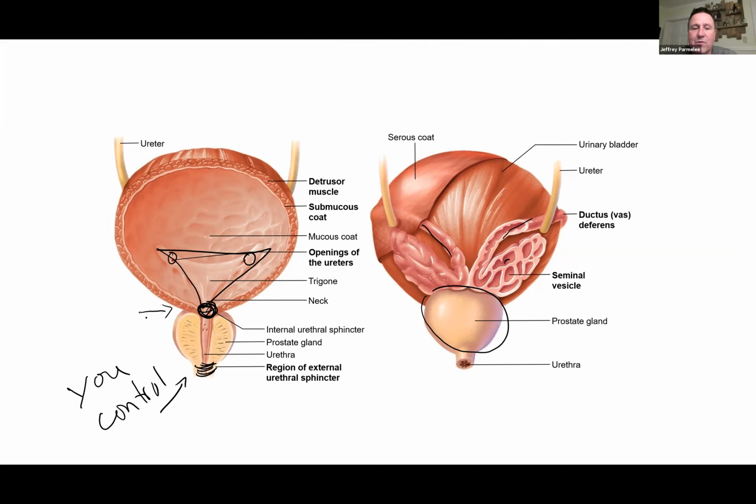It's more autonomically controlled. Incontinence is you don't have control over urinating. But if you can control it, if you have to pee but you're not at a restroom, you can make that external sphincter contract, right? And only when you actually want to urinate can you relax it and then squeeze the detrusor muscle and the urine will come through. And the internal one is automatically controlled.